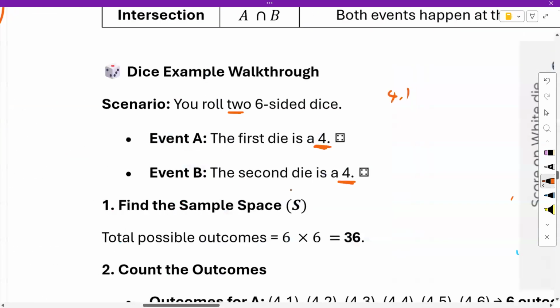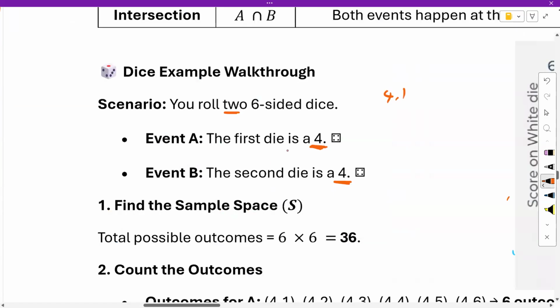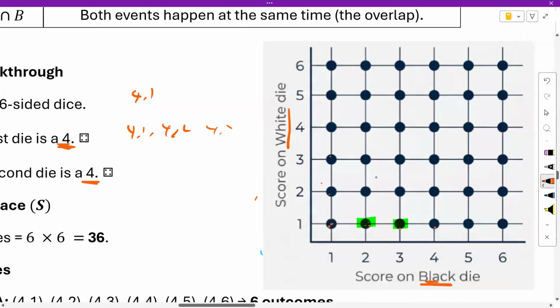Here, event A is defined as the first die is 4. Event B, the second die is 4. So what are the outcomes here? First, 4,1; 4,2; 4,3; 4,5, up to what? The first one is black here.